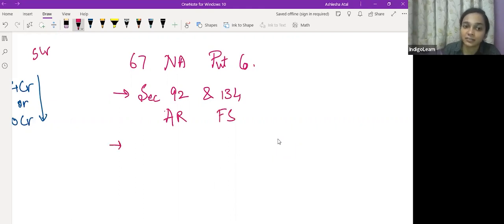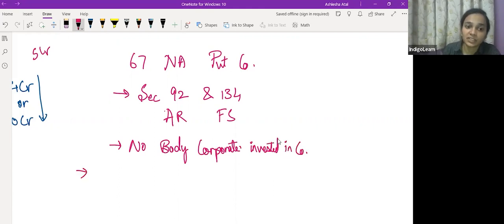If no body corporate has invested in the private company, where the borrowings of this company are not exceeding 2 times the paid up capital or 50 crores, whichever is less.